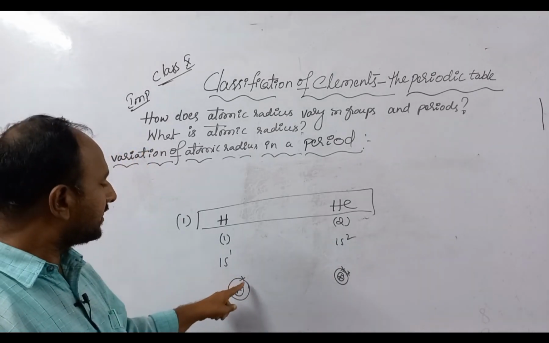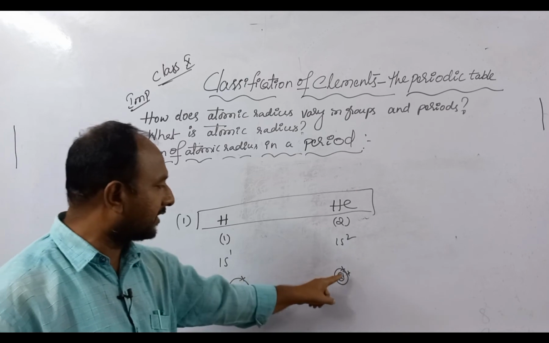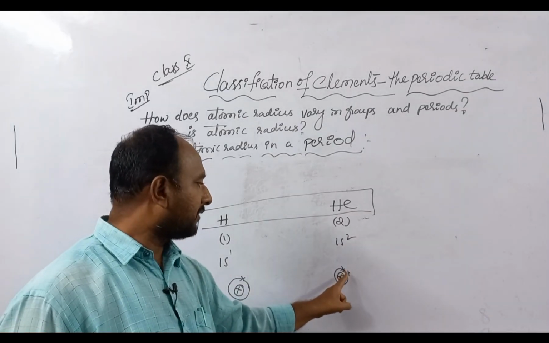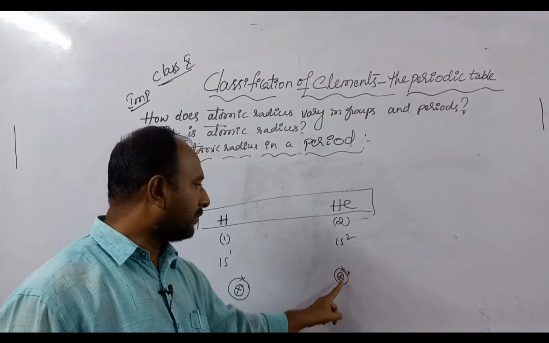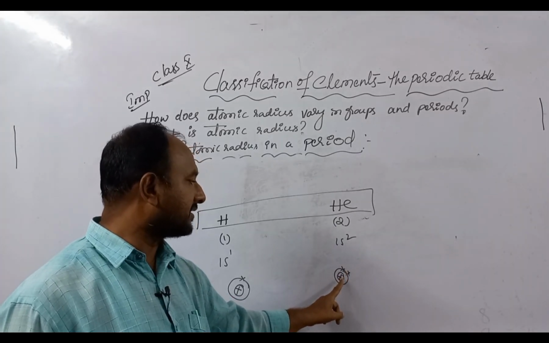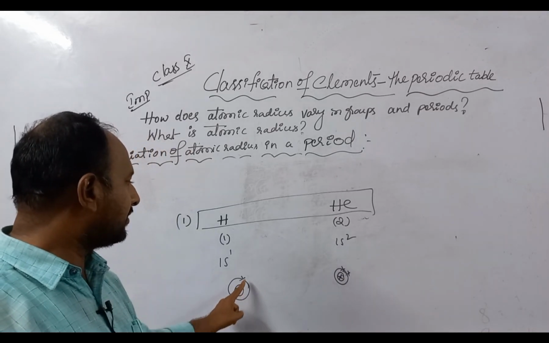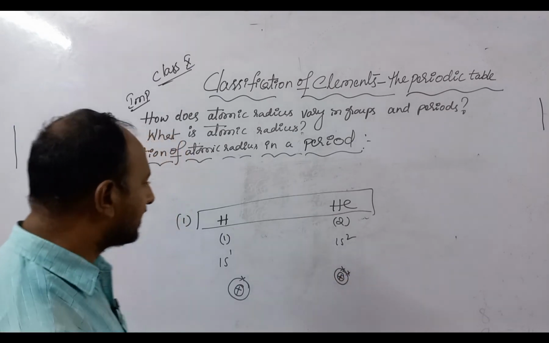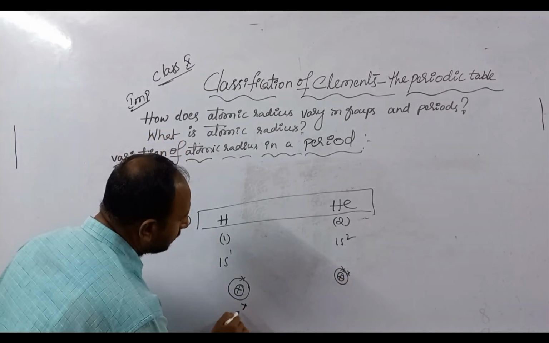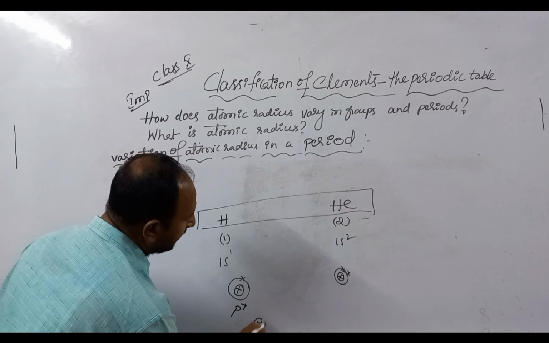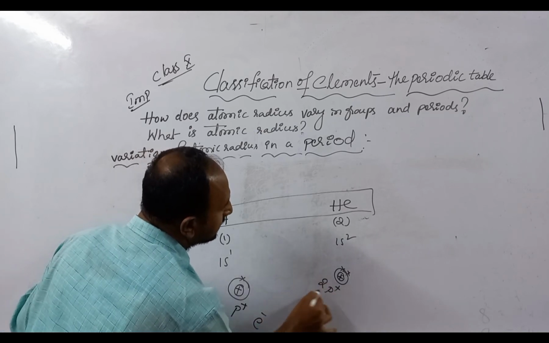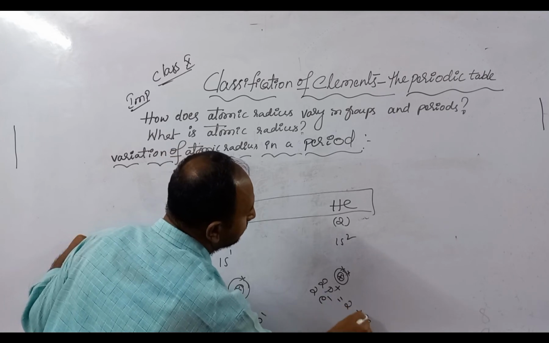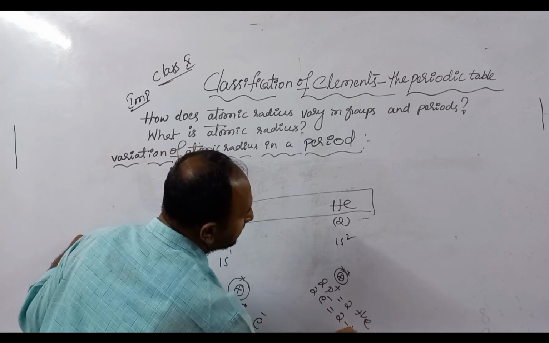Here in the first shell only one electron is there, here in the first shell 2 electrons are there. That is why the units of positive charge and negative charge increase. Here 1 unit of positive charge, 1 unit of negative charge. Here 2 units of positive charge, 2 units of negative charge. So here 1 proton and 1 electron, but here 2 protons and 2 electrons.